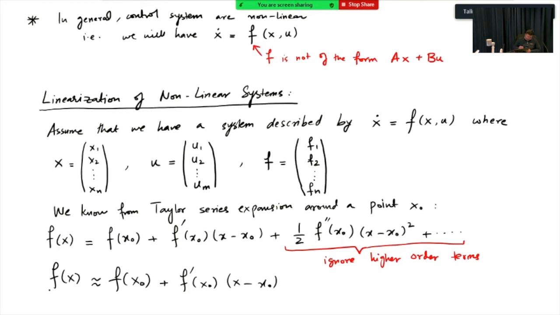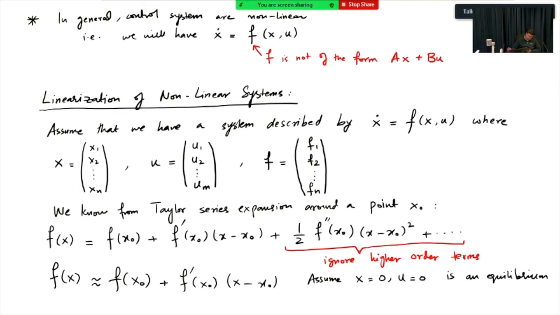Okay, so assume x equals 0, u equals 0 is an equilibrium. The condition is that if your input is 0, then your state should also be 0, and that should be an equilibrium point.